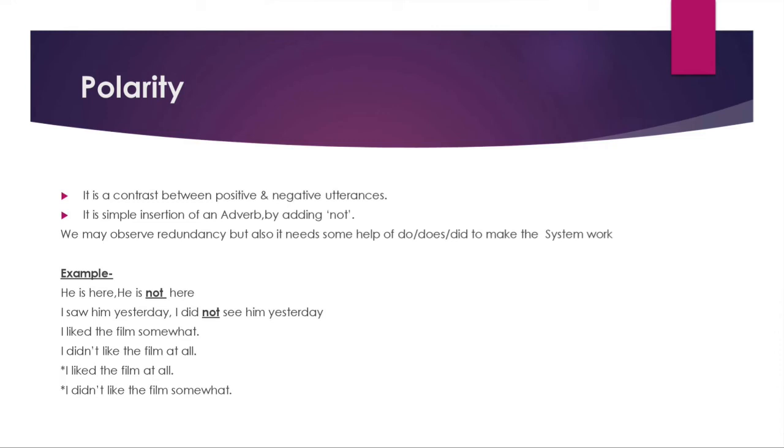We may observe redundancy, but it also needs some help of do, does, did to make the system work, to make them function very well. For instance, he is here. He is not here. I saw him yesterday. I did not see him yesterday.